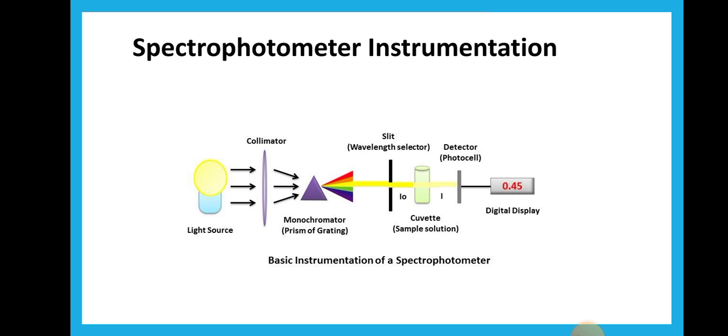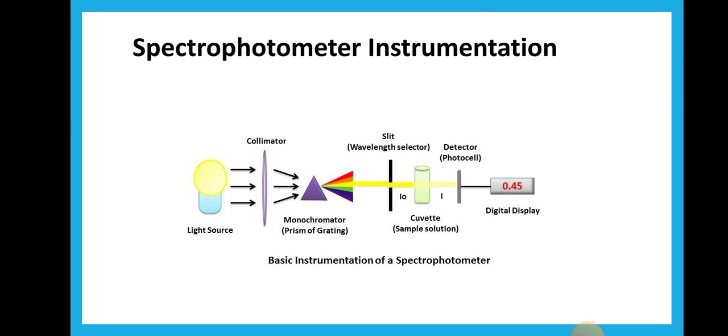Then the grating is rotated so that only the specific wavelength of light reaches the exit slit. Then the light interacts with the sample. From this point, the detector measures the transmittance and absorbance of the sample.